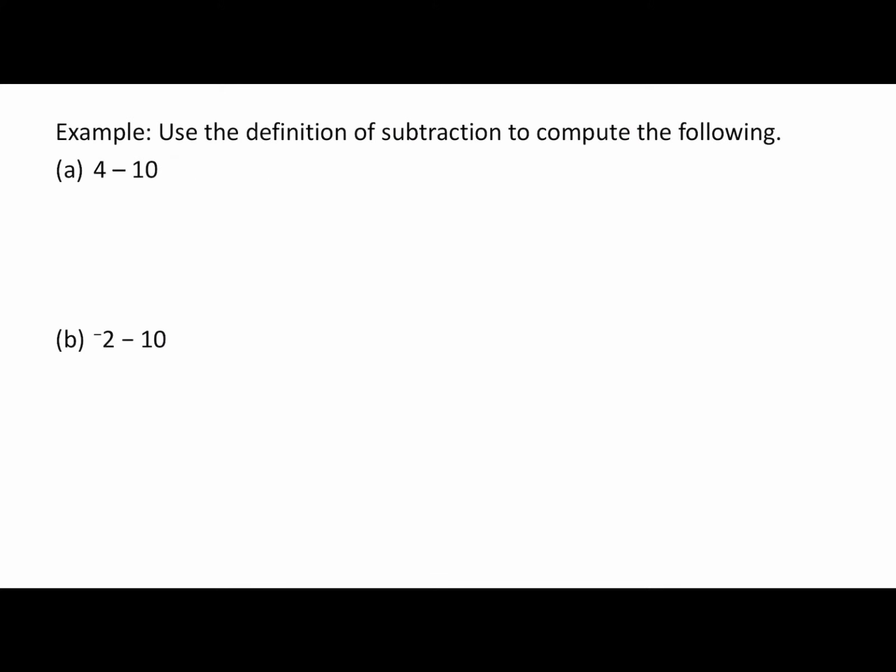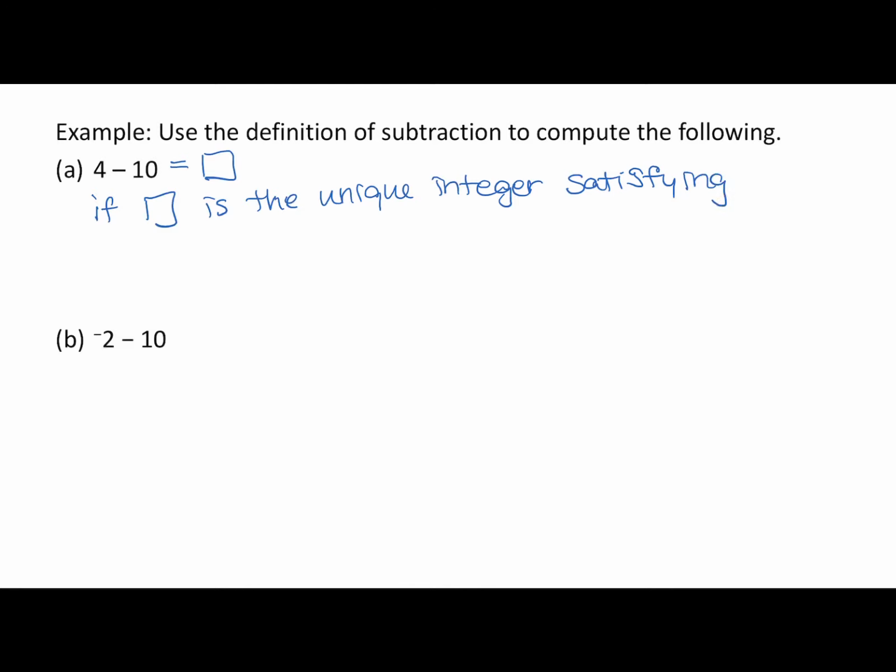So let's try using that to compute the following. 4 minus 10 is going to be n, or box, if my box is the unique integer satisfying the addition problem 4 equals 10 plus what goes in the blank.